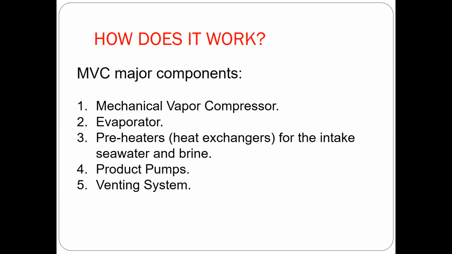So the seawater is branched into two streams, one heated by the rejected brine, the other preheated by the distillate, and then the two streams are connected together to enter the unit and be sprayed in. Definitely we'll need pumps: a pump to bring the seawater from the sea, another pump to push the distillate, the fresh water, into the distillate tank, and some venting system to get rid of the non-condensable gases.